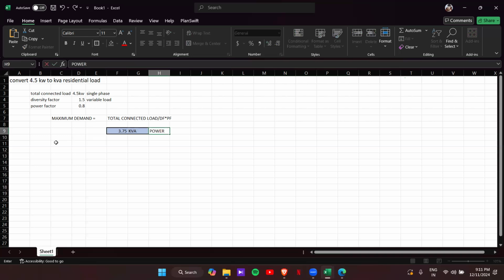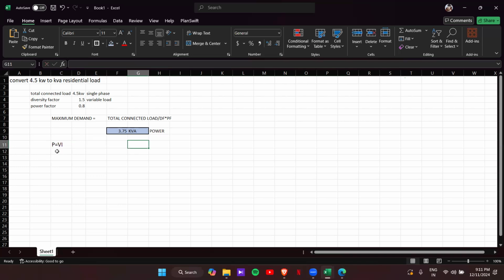So we already have the equation: P is equal to VI. Power is equal to voltage into current, right? And in order to find the current rating, I is the current.